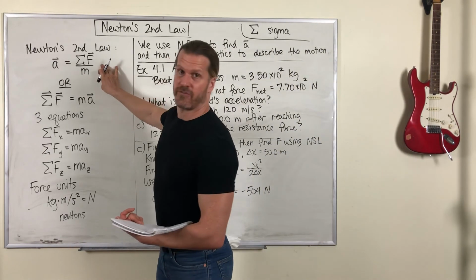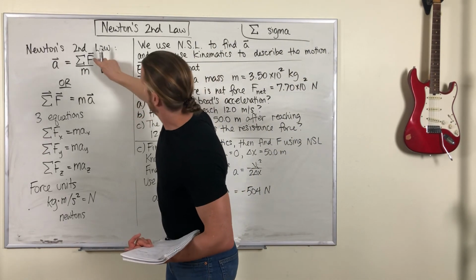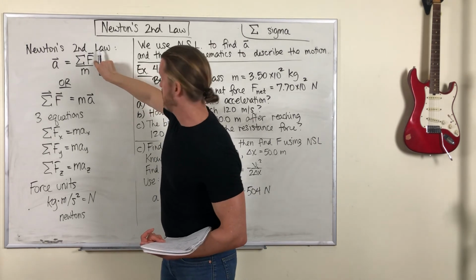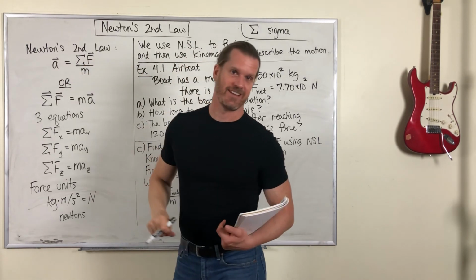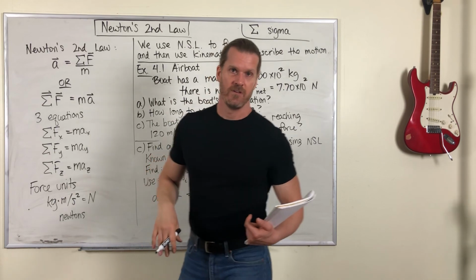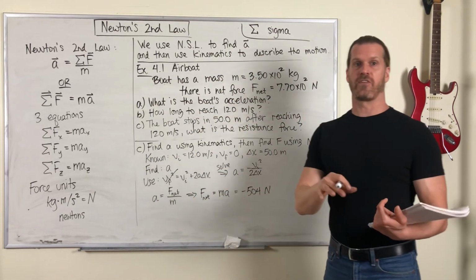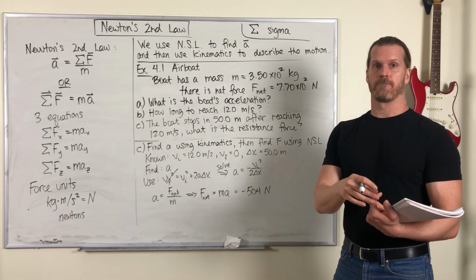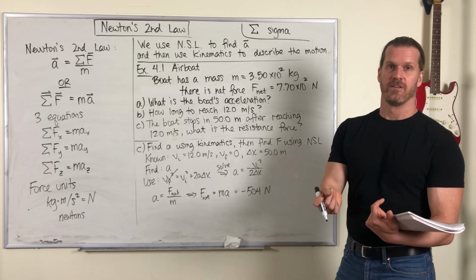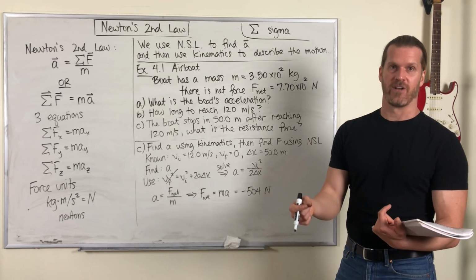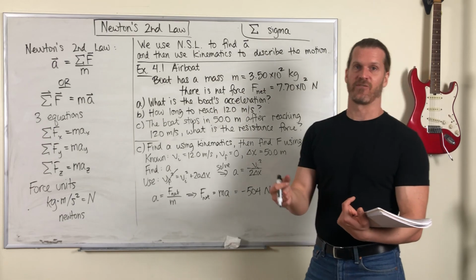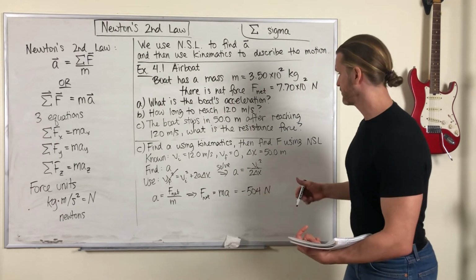Well, if you look at Newton's second law, the net force points in the same direction as acceleration does. So the same directional relationship holds between force and velocity as it does for acceleration and velocity.